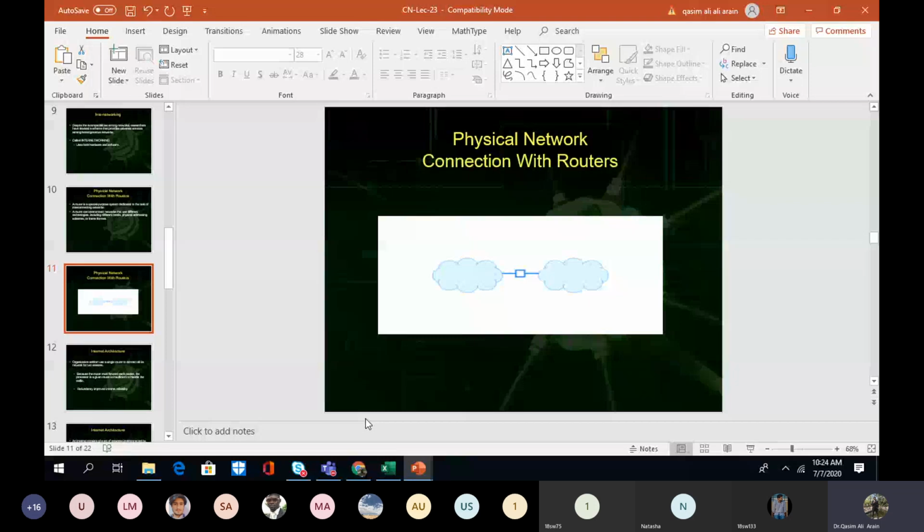We know that there are 24 ports on a switch. Your computers are directly connected with a switch, and a switch is going to work on the data link layer and frames. We know that we have discussed so far, right? So you have to keep this thing inside your mind that we have routers. Router is a device which is going to connect multiple networks together. Right? इस चीज से आपने सारी उम्र नहीं हटना.